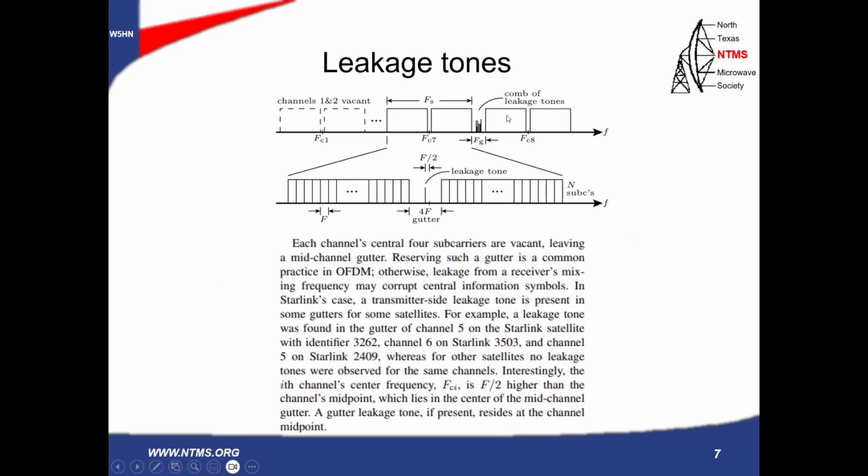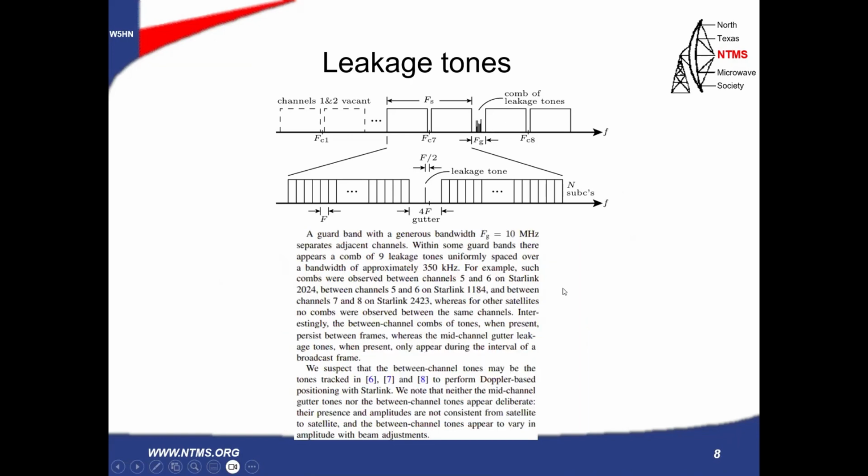But I want you to really concentrate on this comb. A guard band with a generous bandwidth, if G equals 10 megahertz, separates adjacent channels. Within some guard bands, there appears a comb of 9 leakage tones, uniformly spaced over a bandwidth of approximately 350 kilohertz.